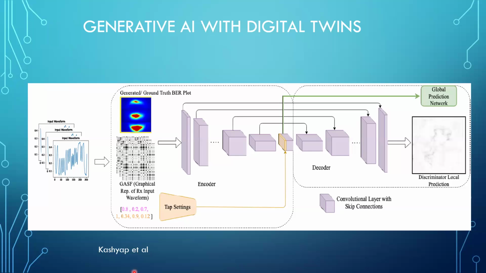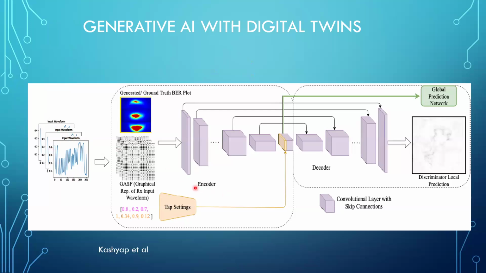Essentially, this is an older generation of generative AI, and in this case we were not using a transformer, we were using an encoder-decoder architecture called UNet. But right now we are already in the process of porting it to a transformer. So we know transformer-based also works, but the architecture is very similar in the sense that you take an input waveform and turn it into an image.